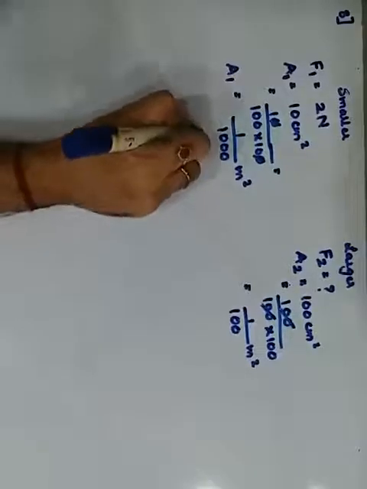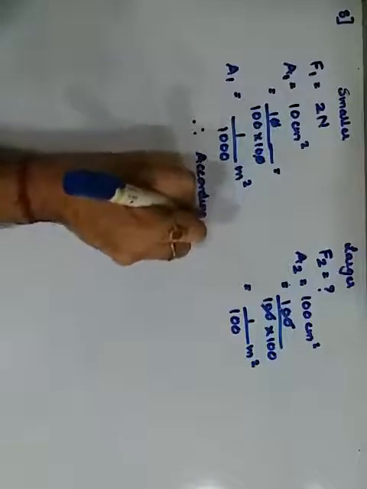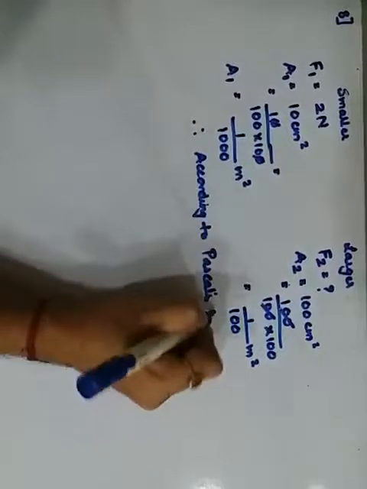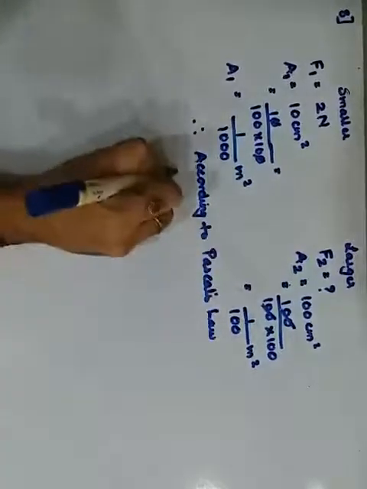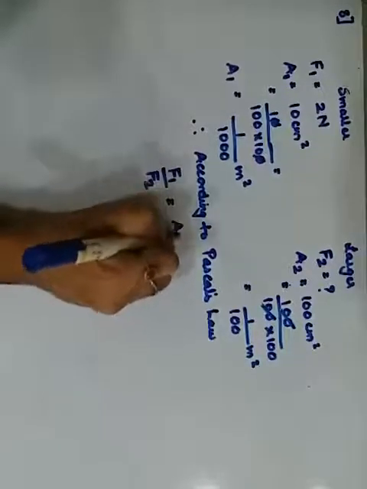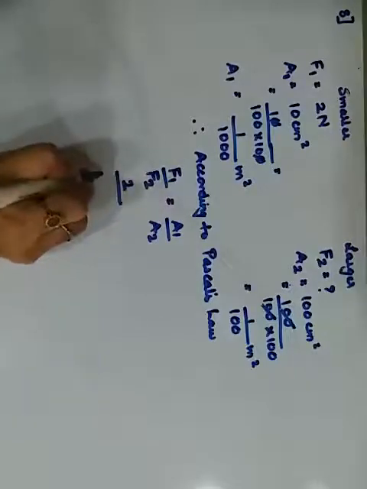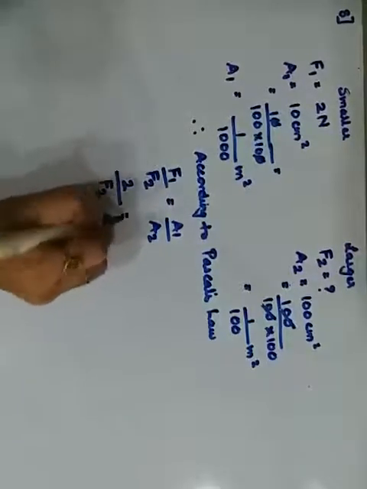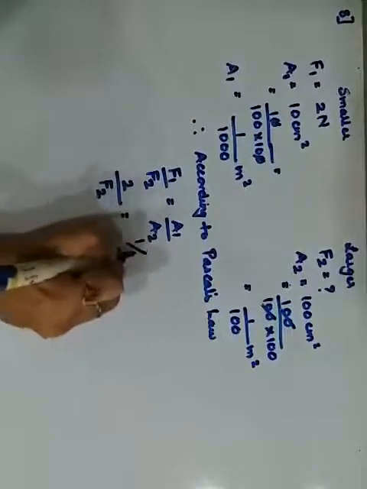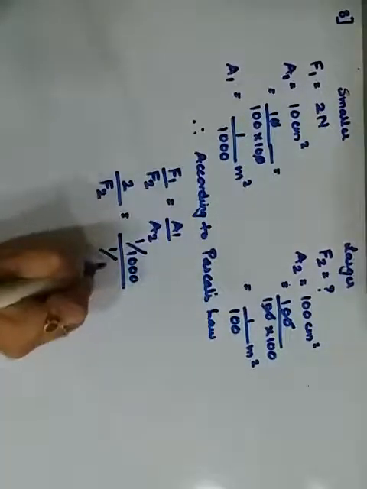According to Pascal's law, we know the statement that F1 upon F2 is equal to A1 upon A2. F1 is 2 Newton, F2 we need to find out. A1 is 1 upon 1000, and A2 is 1 upon 100.